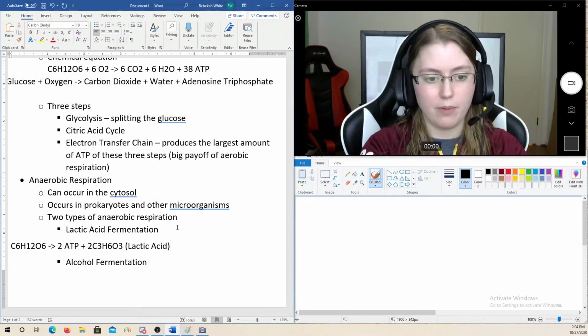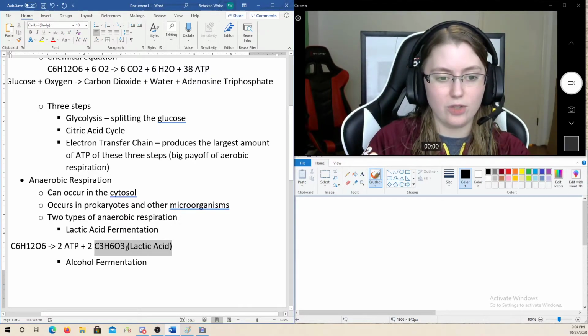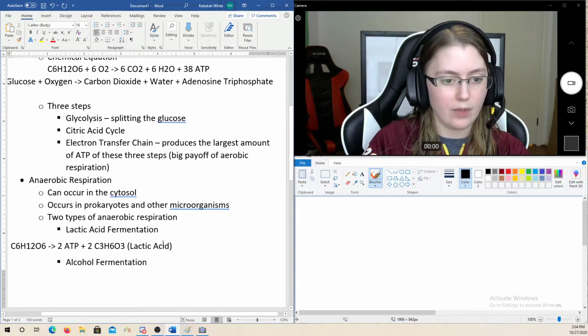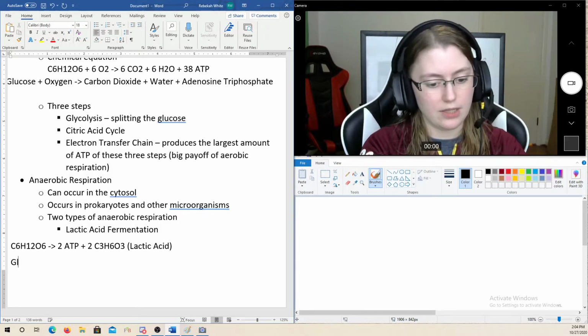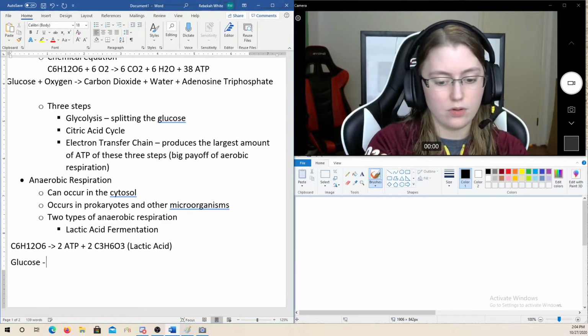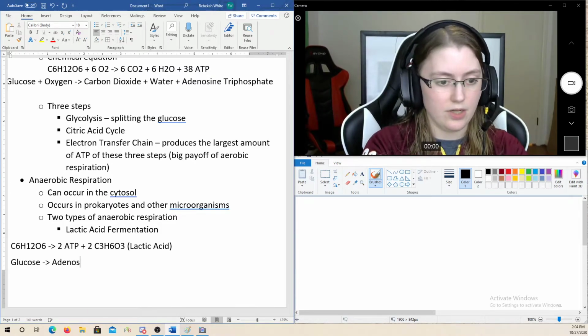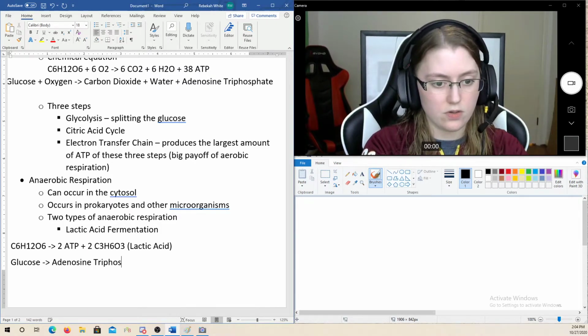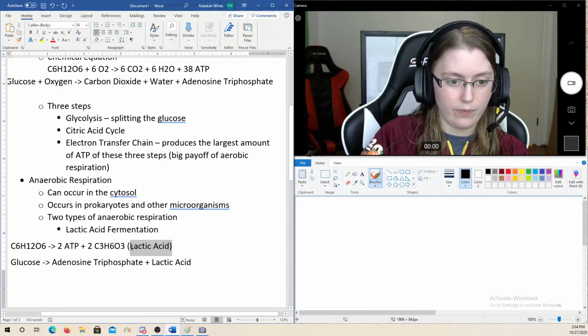And you don't need to remember the molecule of lactic acid, so just remember that it produces lactic acid. Okay? So that's glucose on the reactant side, and then adenosine triphosphate plus lactic acid. Okay?